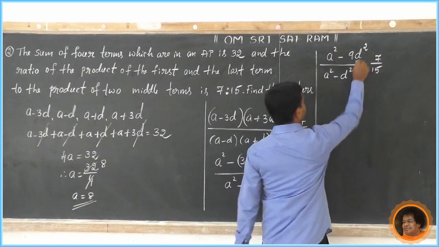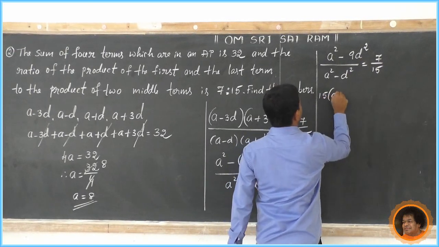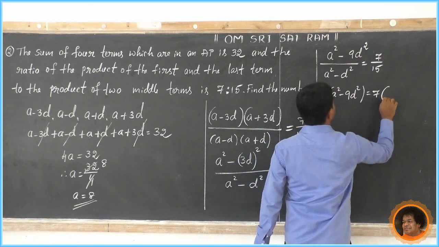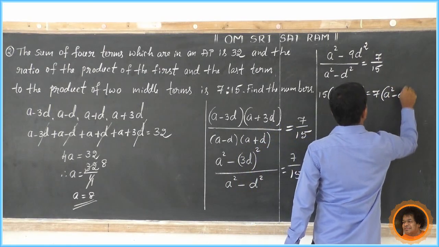Now cross multiply. So 15 into (a square minus 9d square) equals 7 into (a square minus d square).